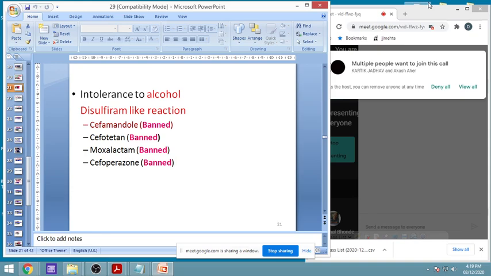It is also called Antabuse. Disulfiram causes inhibition of alcohol metabolism, and because of that there will be accumulation of acetaldehyde, and this acetaldehyde will cause severe nausea, vomiting, body ache, and many other effects. So these are the drugs which have disulfiram-like action, like cefamandole, cefotetan, moxalactam, cefoperazone. People cannot leave their habit of alcohol, and simultaneously this antibiotic treatment will affect alcohol metabolism.